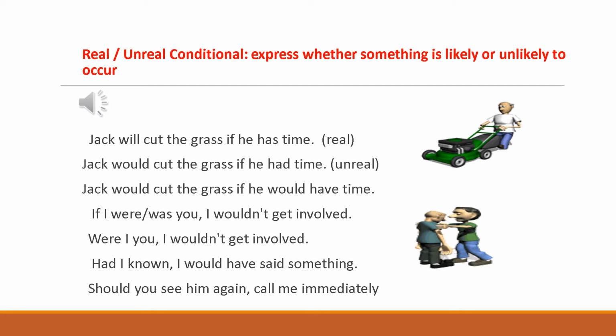If I was you, I wouldn't get involved. Were I you, I wouldn't get involved. Had I known, I wouldn't have said something. Should you see him again, call him immediately.